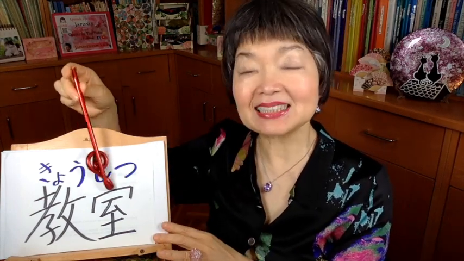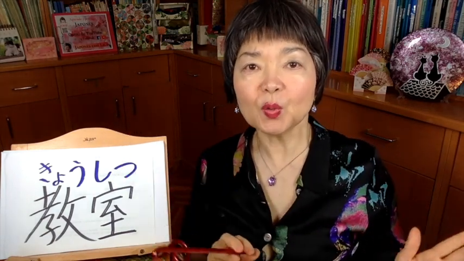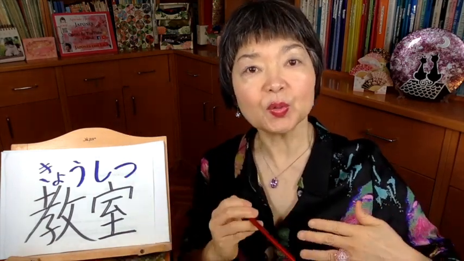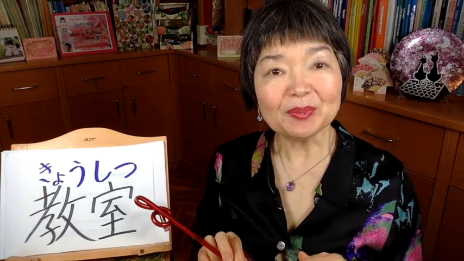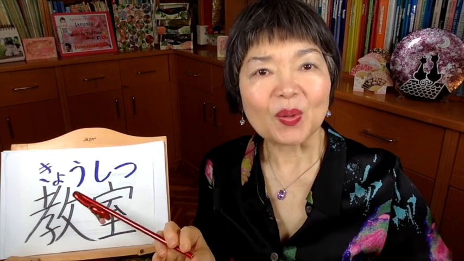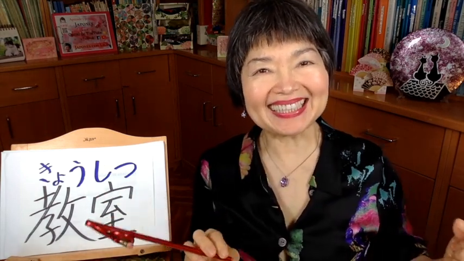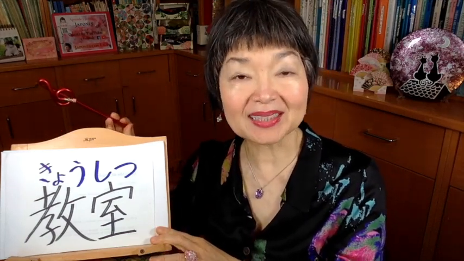And the second kanji 室, this kanji means the room, like a closed room, the room where you teach. So this means 教室, classroom in the college, classroom in the school.